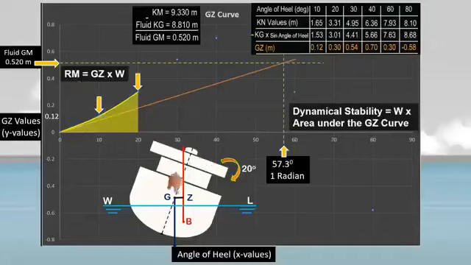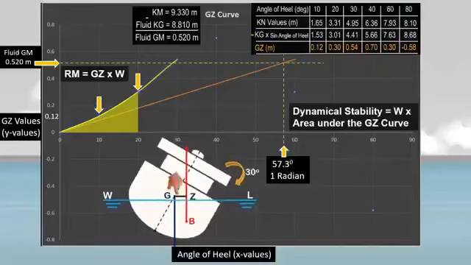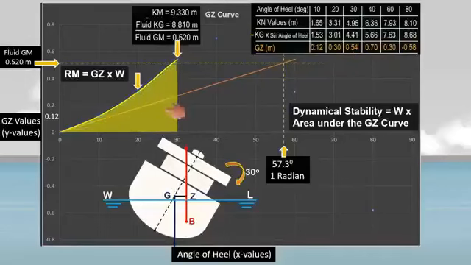Now looking back at the ship's righting lever, as she heeled to 30 degrees, the righting lever still increased to 0.54 meter, so the area under the GZ curve also increased. Both moment of statical stability and dynamical stability also increase. Let's do some calculations. The ship's displacement at her loaded condition is 27,970 metric tons.